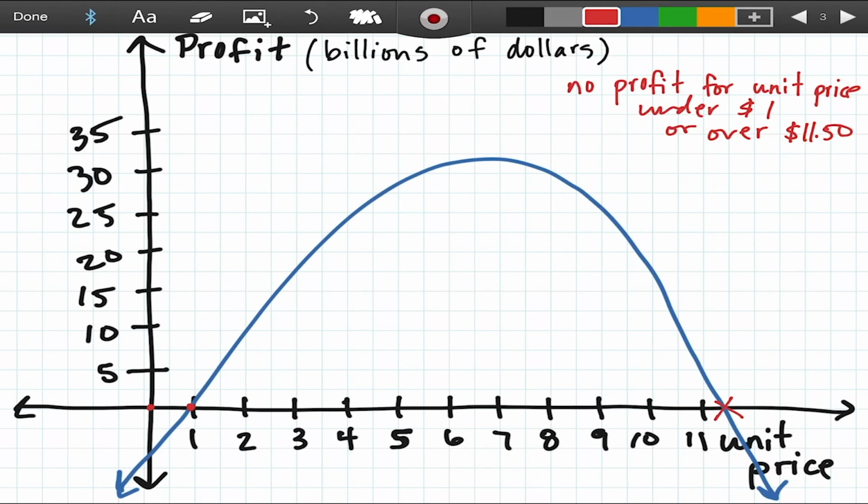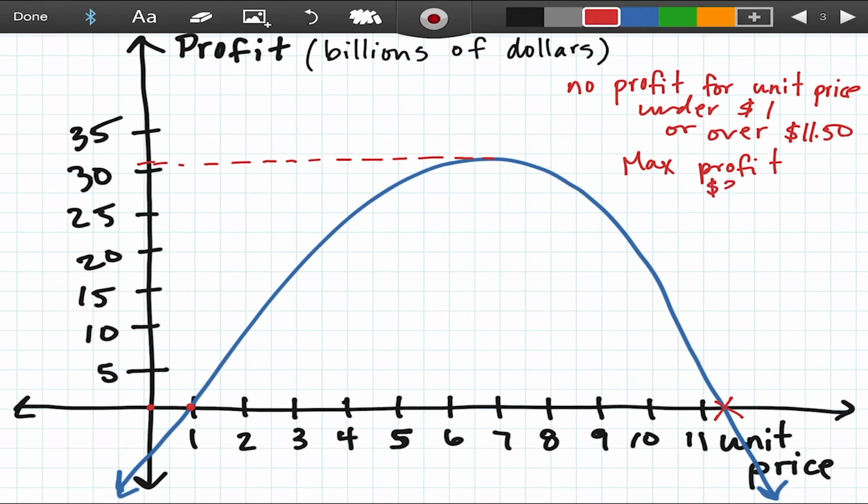All right, so let's figure out our max profit. So our max profit is right here, yeah? According to this function, I'm not going to make more than, let's say, 31 million.